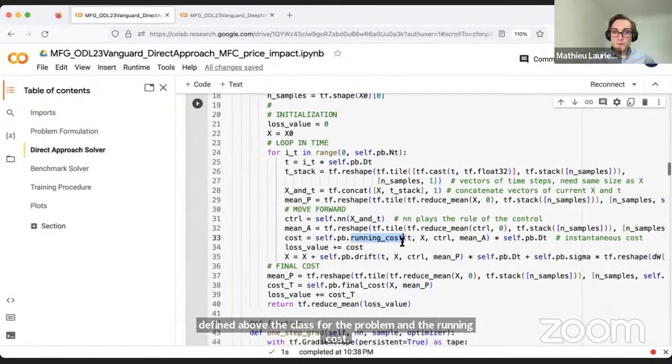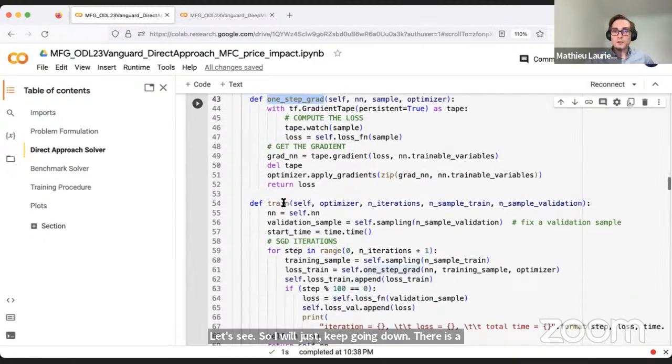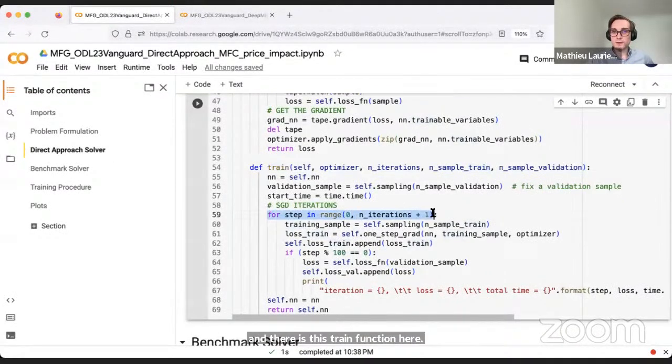Let's see. I will just keep going down. There is a function to compute the gradient, one step of gradient, and there is this train function. Train runs stochastic gradient descent for a number of iterations, and at each iteration, you do one step of gradient descent.